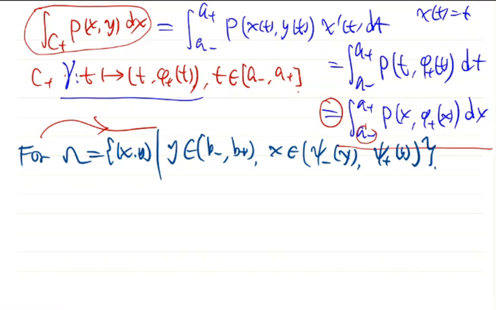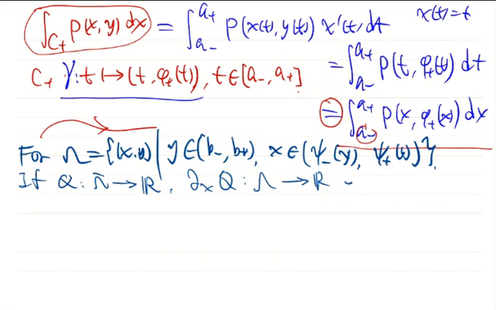So for this domain, if q is continuous over the closure of omega, that is omega as the union of omega and its boundary, and the partial derivative exists and is bounded over omega and continuous, then we have a similar result.